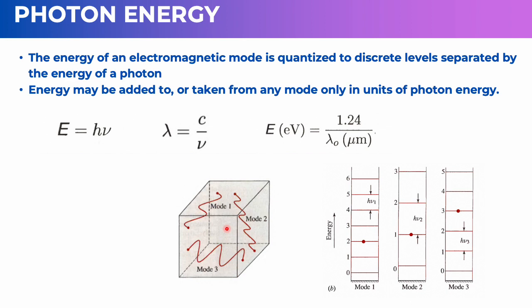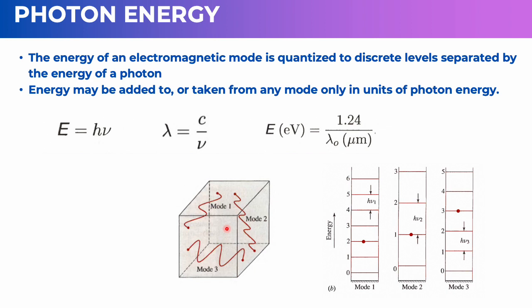So the photon's energy is the most fundamental packet of energy. And if energy has to be added or removed from any mode, then it has to be done in units of photon energy.